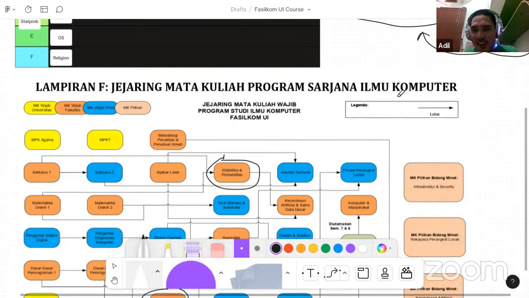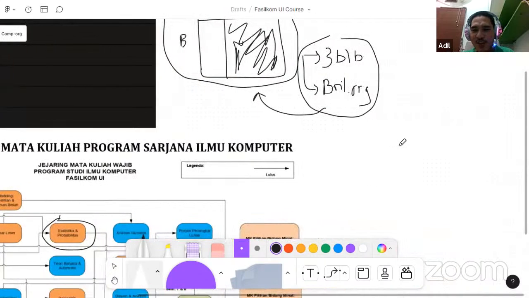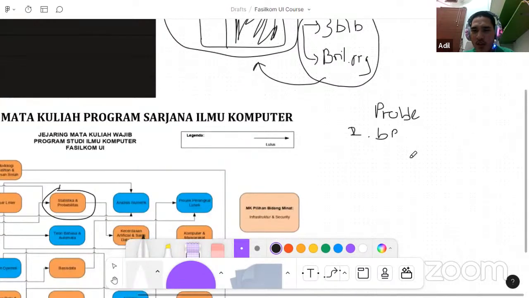I mean, there was a problem in the midterm exam, maybe number two, and this is a Bayesian problem.